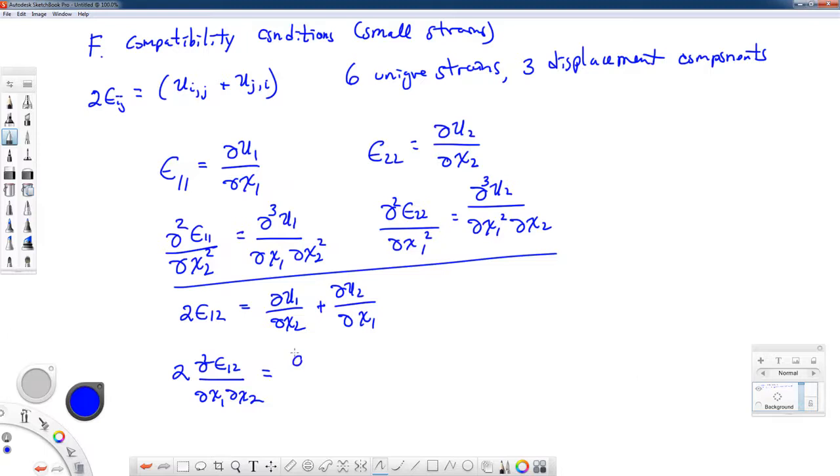We would have the third partial derivative of u1 with respect to x1 and x2 twice, plus the third partial derivative of u2 with respect to x1 twice and x2.